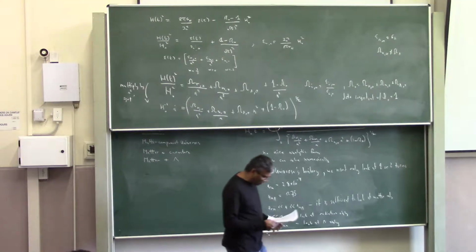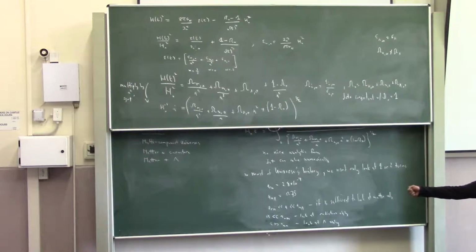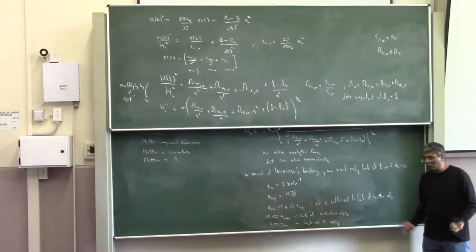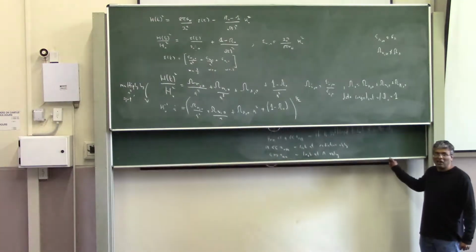So one of the questions you might ask is, why is it that we happen to be living at a period in the history of the universe when two terms are important, whereas for most of the history of the universe, only one term is important? This question is called the coincidence problem. Why are we happening to live at this coincident time? There's no good answer. We just happen to live where we live is one answer, but that may or may not be satisfying.